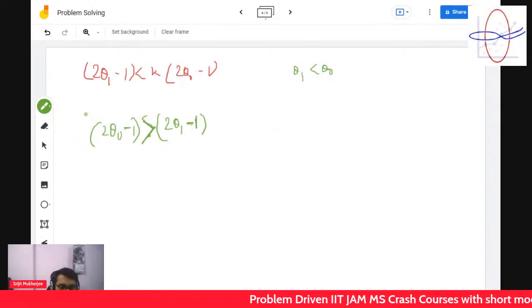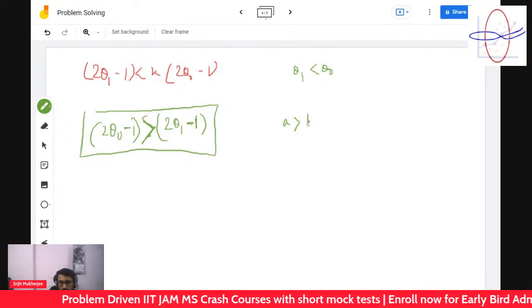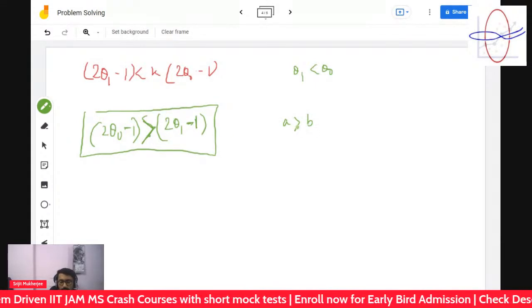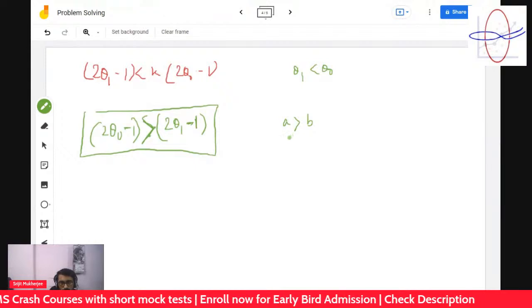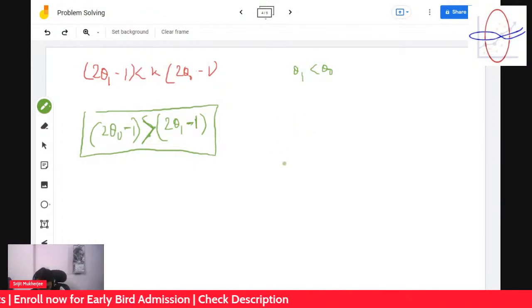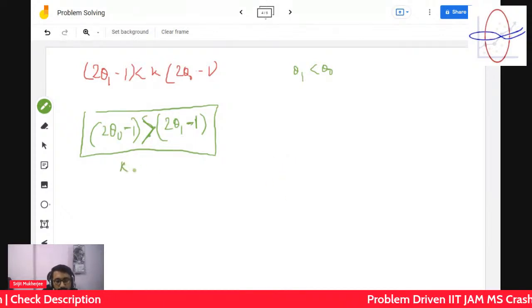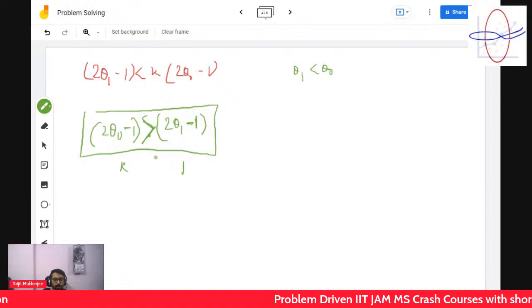Okay, this is always true, right? If A is greater than B, this is always true. Now I multiply it by k, and k is greater than 1 and positive.